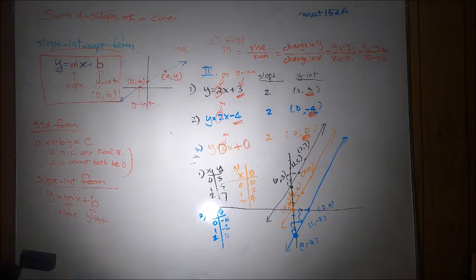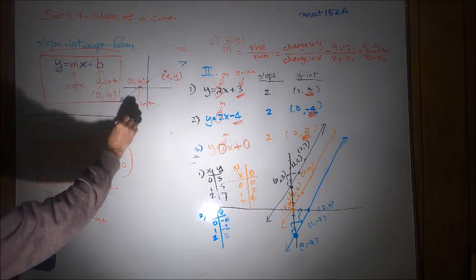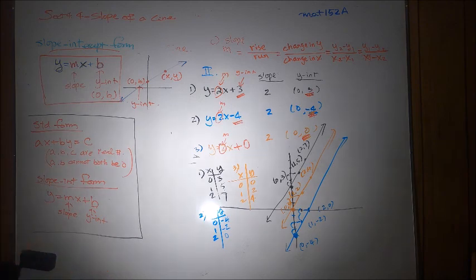Right? So we start to learn different forms of what? What kind of things are we talking about so far? Linear equations, right? That means when you graph them, you will have a line. Is that right?